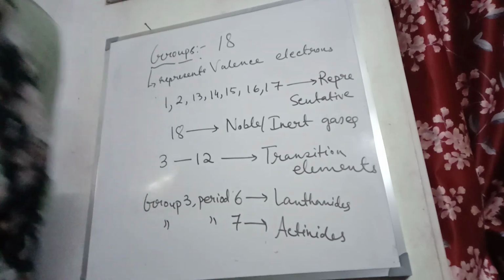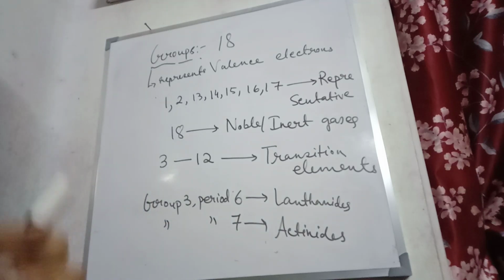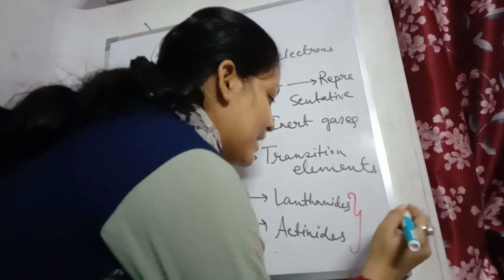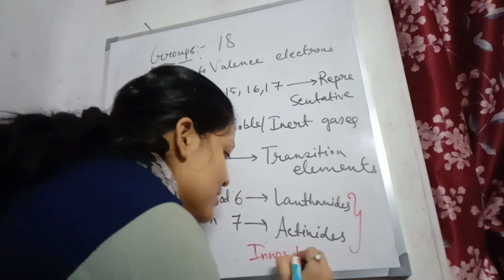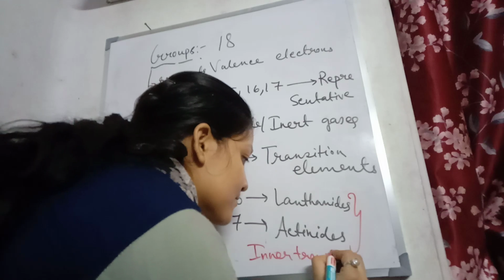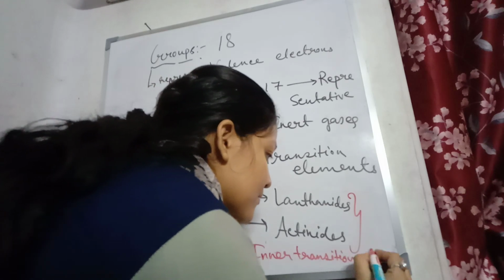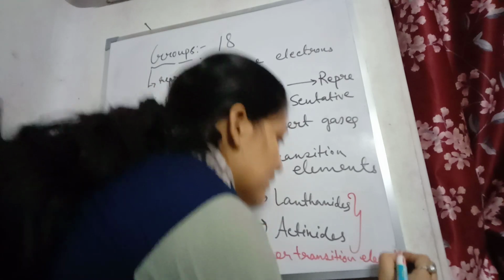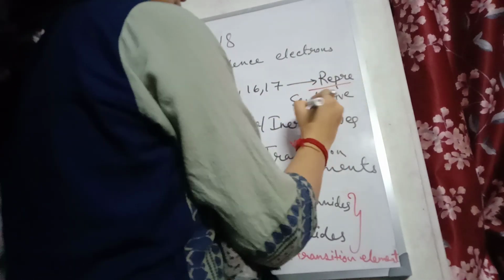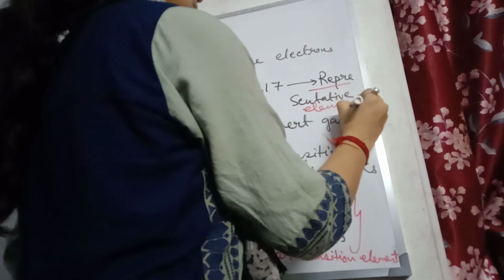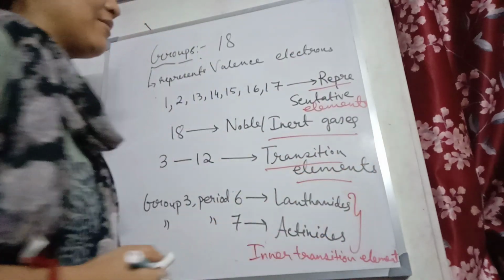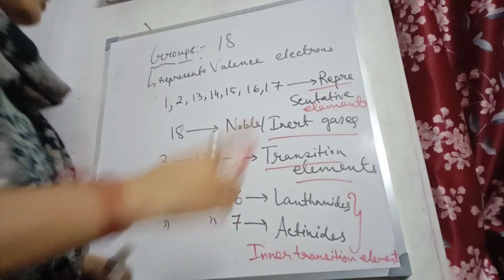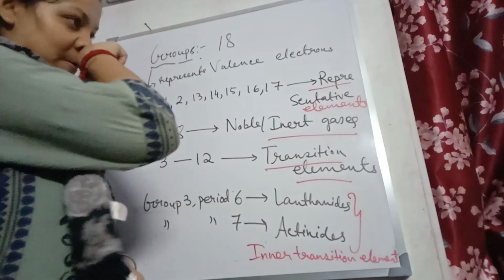These two are known as inert transition elements. So we have representative elements, we have inert gases, we have transition elements, and we have inert transition elements. So these are basically the general classification.